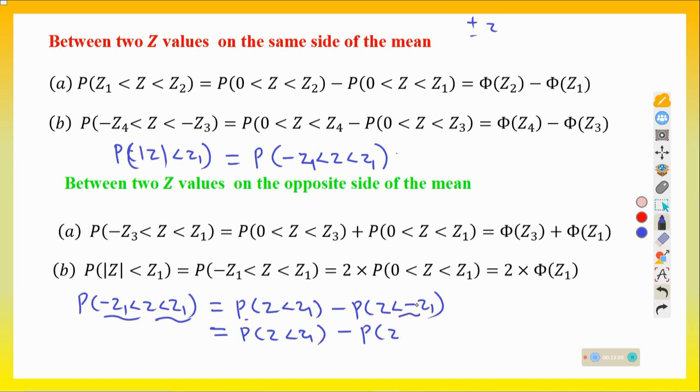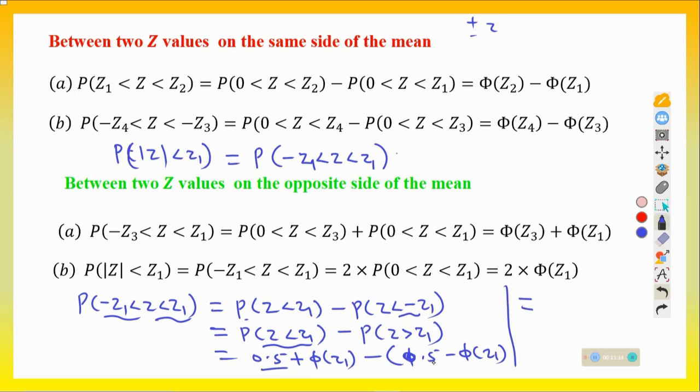This is a minus here, so the sign will change to greater than z1. By definition, if it is less than, it becomes 0.5 plus the table reading. If it is greater, it will be 0.5 minus the table reading of z1. So what do we get finally? This is 0.5, 0.5, and this is a minus, so the 0.5 will go away. We remain with the table reading of z1 plus, this is minus minus, plus the table reading of z1.